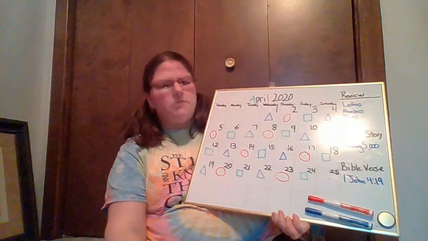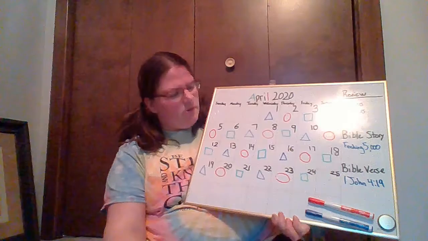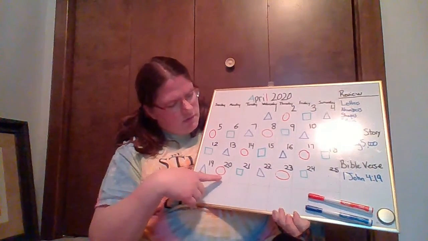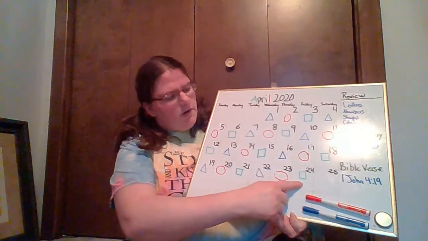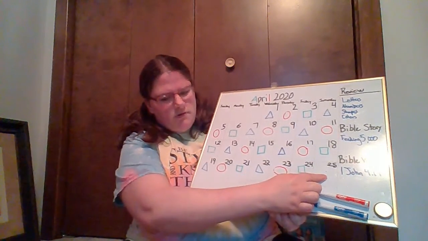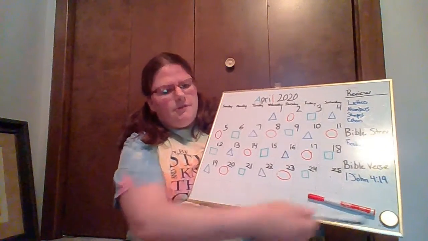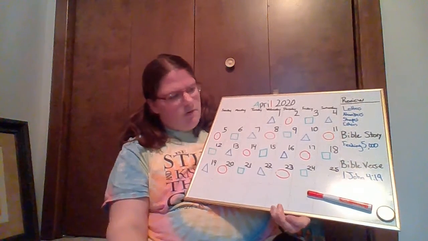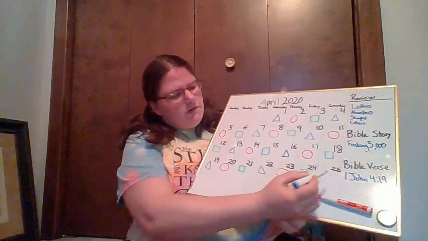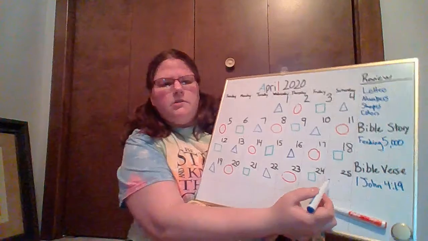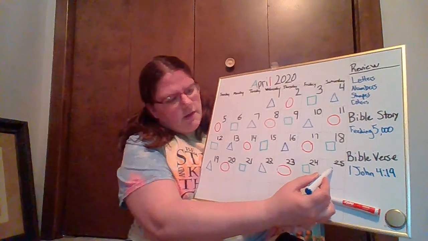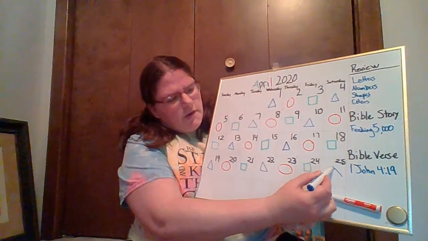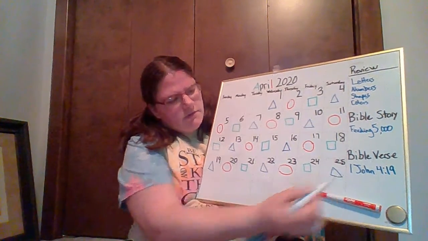Okay, so what should our next shape in our pattern be? Triangle, circle, square. Triangle. We need our blue marker to make our blue triangle. How many sides does a triangle have? 3. 3 sides to a triangle.